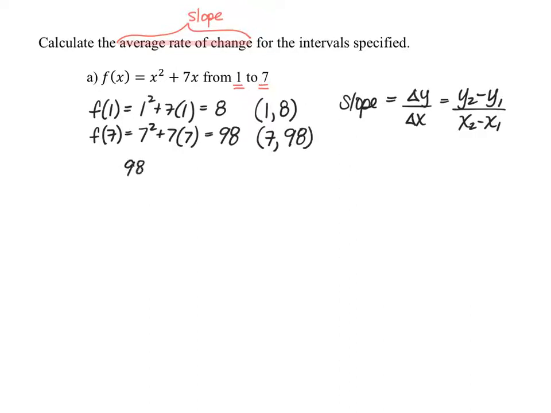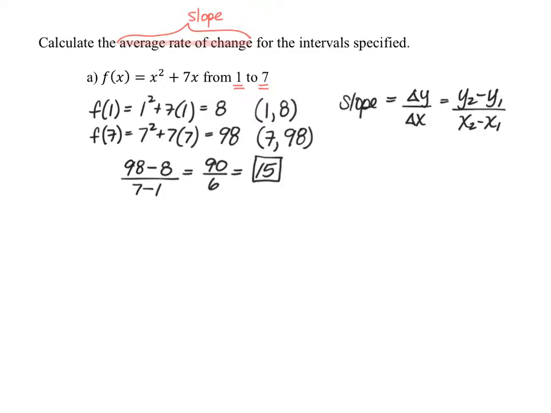So that's going to be 98 minus 8, the difference in my y values, divided by the difference in my x values. So that will give us 90 divided by 6, which simplifies to 15. So that is my average rate of change from 1 to 7.